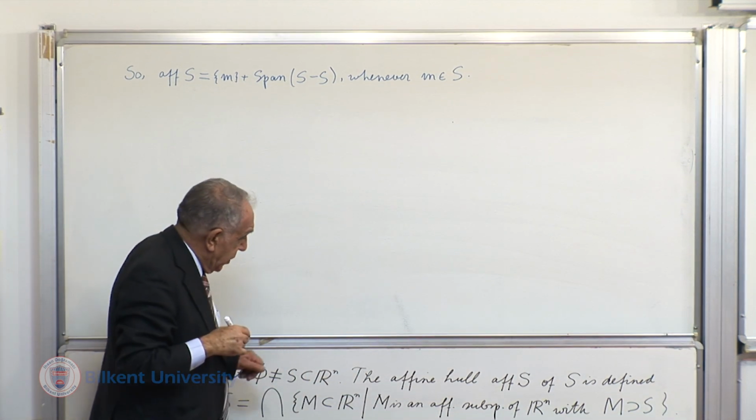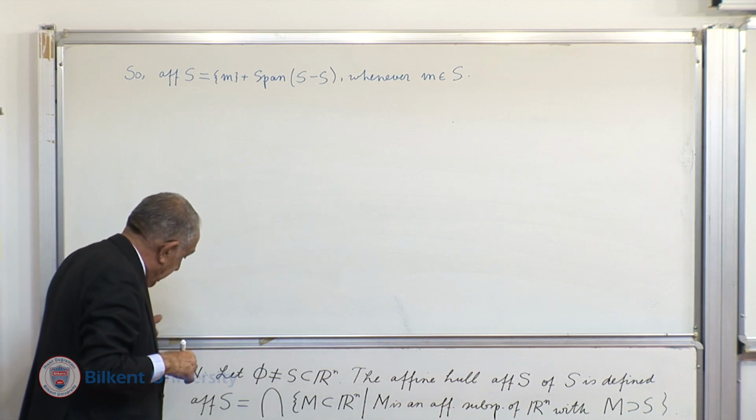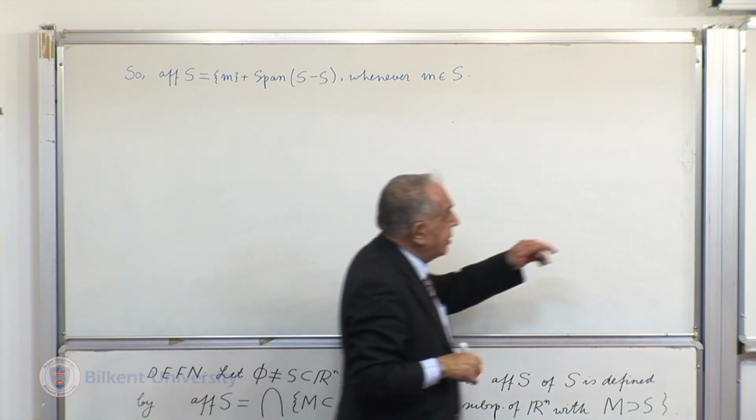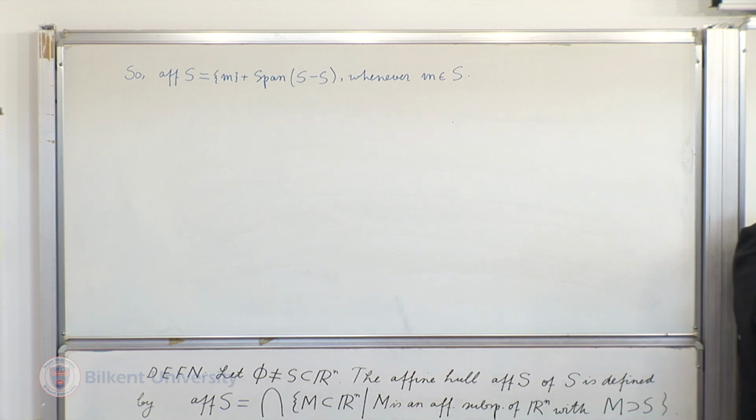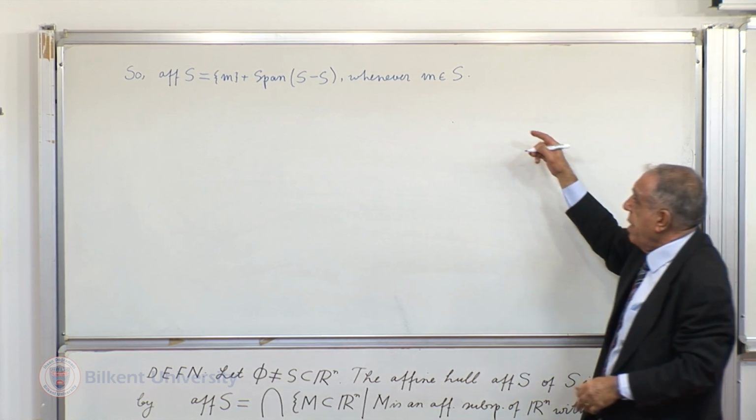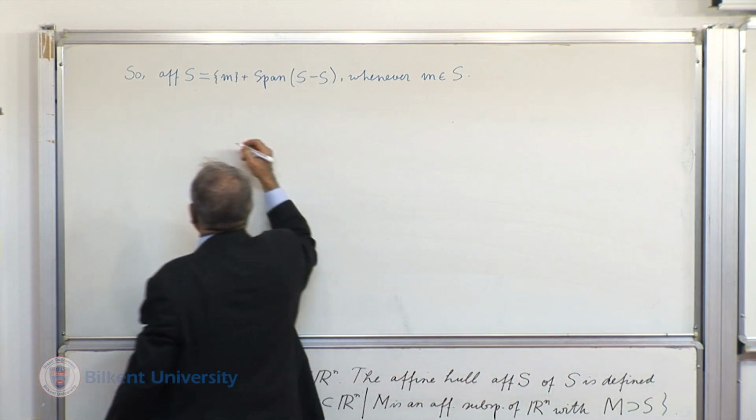Now, the only thing which remains to be shown is that equality continues to hold when M is not necessarily in S, but in affine hull of S. But what does this mean?